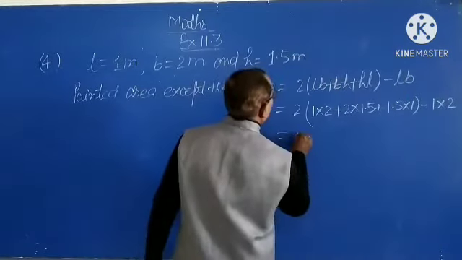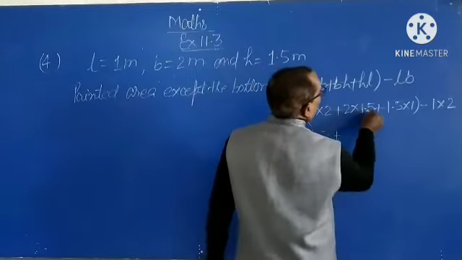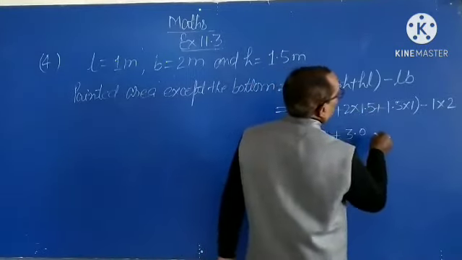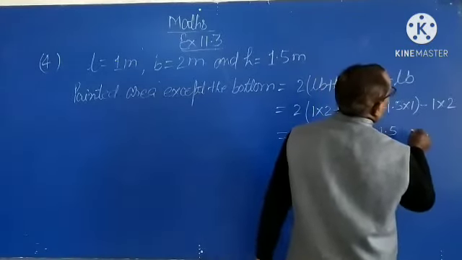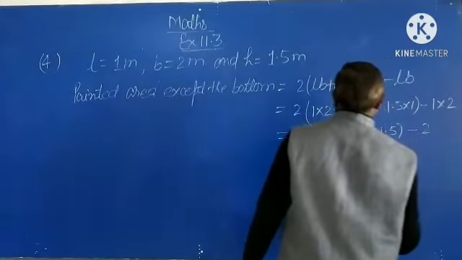You get 2 in the bracket, 1 into 2 is 2, 2 into 1.5 is 3.0, and 1.5 into 1 is 1.5, minus 1 into 2.